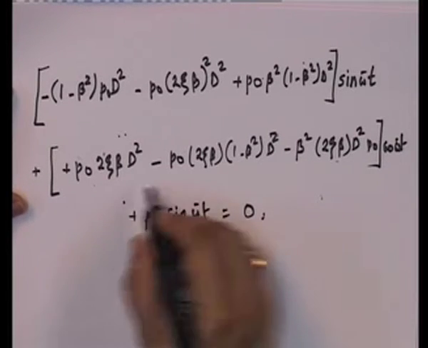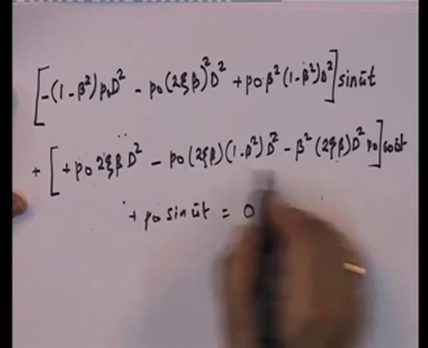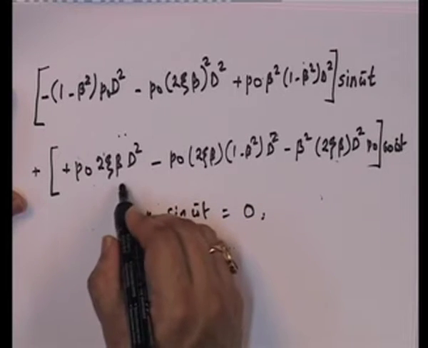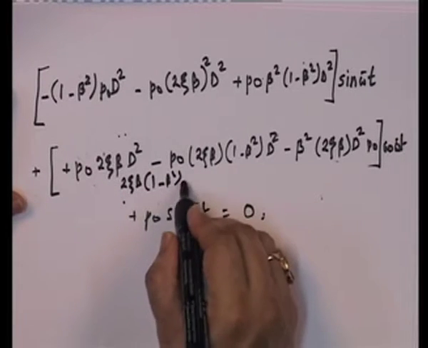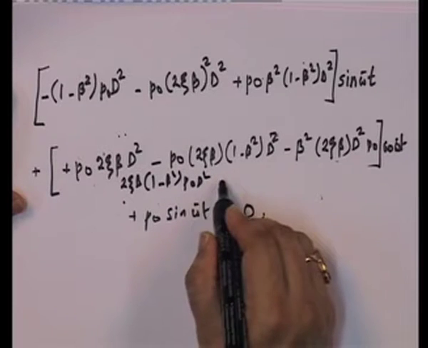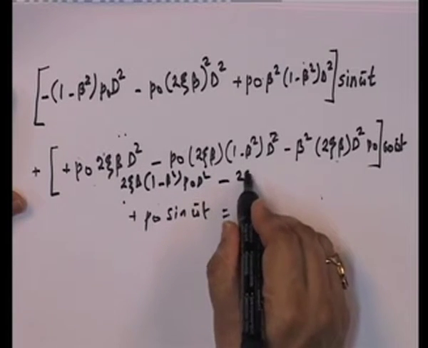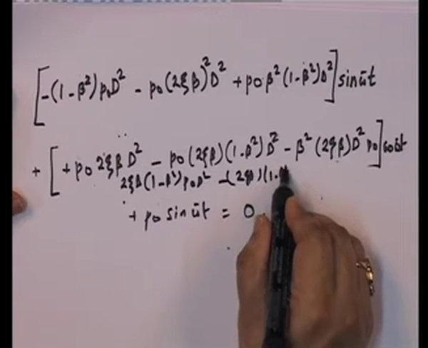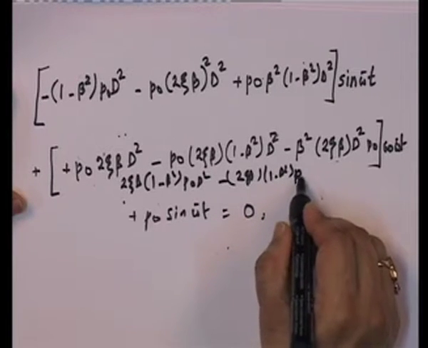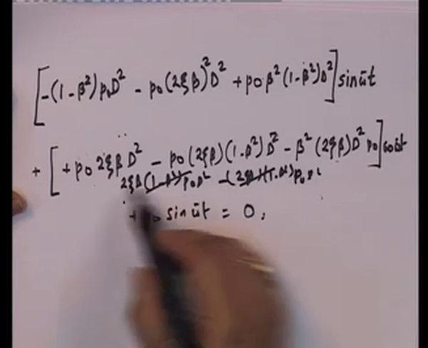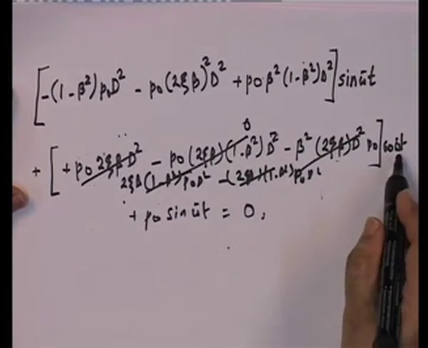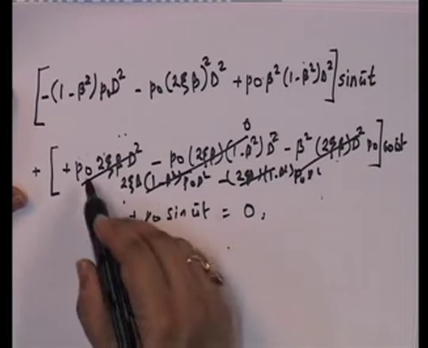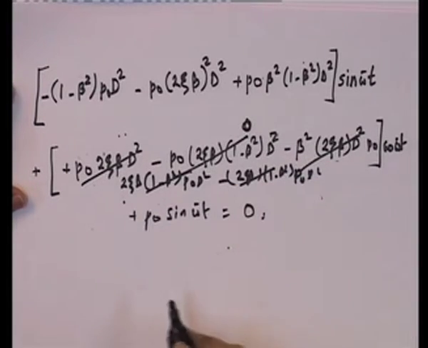If I put these two together, I get one term which is 2 xi beta into 1 minus beta squared P naught d squared, and the other term is 2 xi beta into 1 minus beta squared P naught d squared. So that means these cancel out, and this becomes 0. Now, this is obvious, 0 into cosine omega bar t, because there is no such term. So this term should automatically become 0, and that is what it becomes.